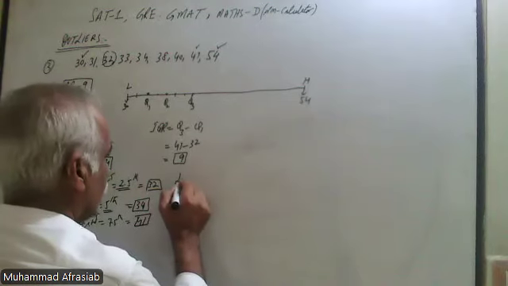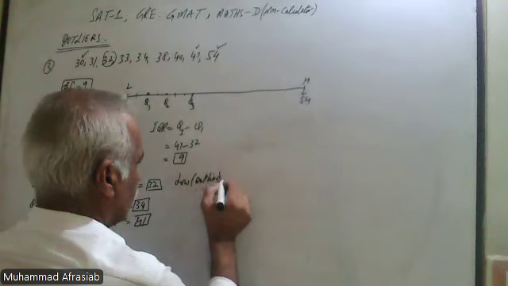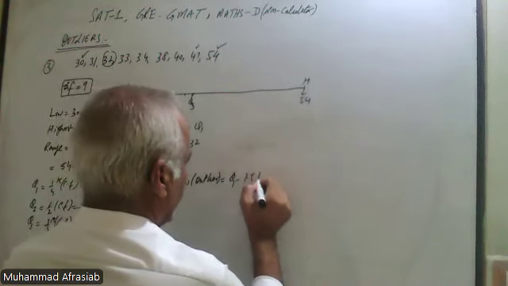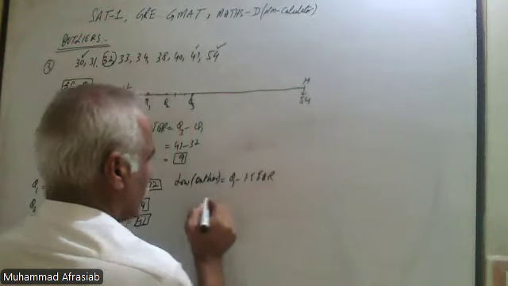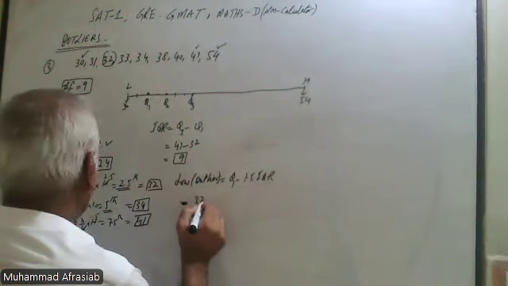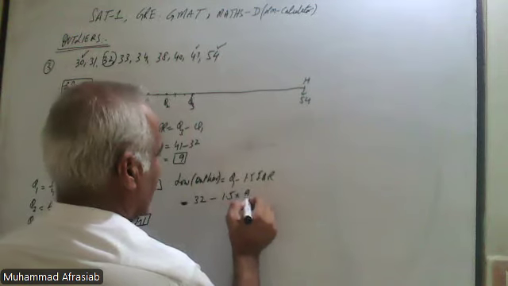So for the lower outlier, it is equal to Q1 minus 1.5 of IQR. Q1 is basically equal to 32 minus 1.5 of 9.